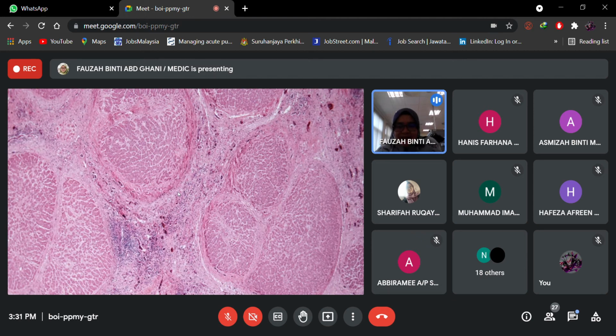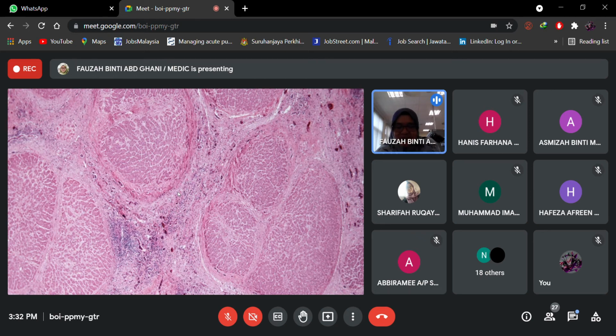Okay, good. So do you think the architecture is preserved, or do you think the architecture is disrupted? I think it is disrupted. Disrupted, okay. Can we see anywhere the presence of portal tract? We don't see portal tract, we don't see where the portal vein is, we see the hepatocytes, okay.